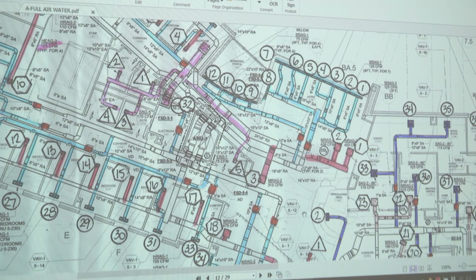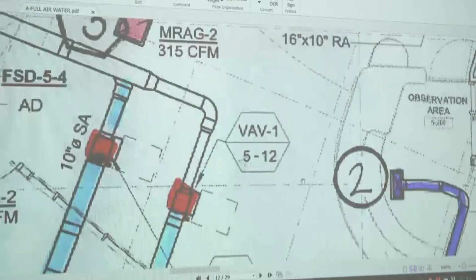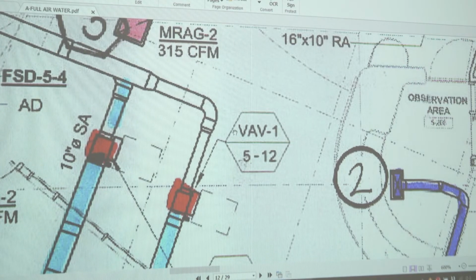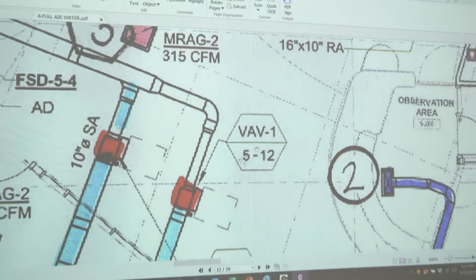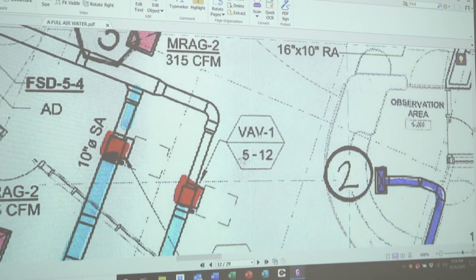The designations of these units are very user-friendly. You'll see it's called VAV-1-512. This is an indication of the unit that the VAV is associated with. Okay, so VAV-1.